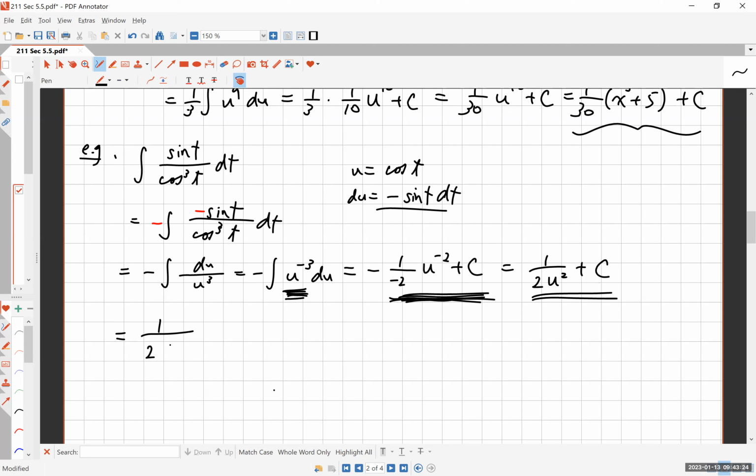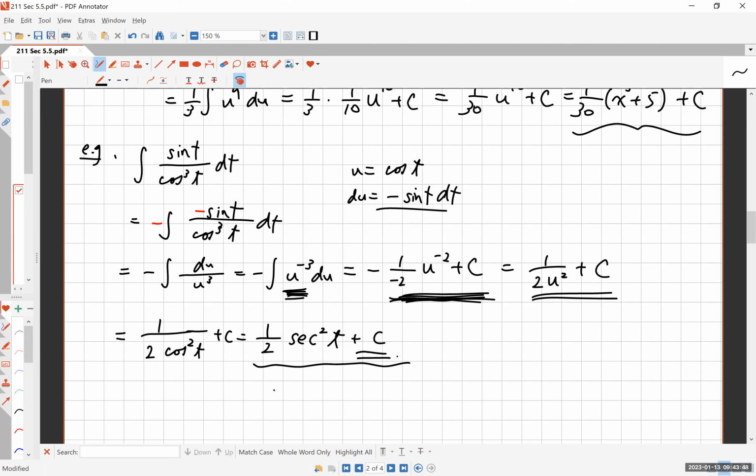So this is 1/2, and what was my u? That's cosine square t, right? So you can also rewrite this as 1/2 of what? Yeah, secant square t. Oh, whoa. Did I just forget plus c? That's minus 1 point on my exam if I forget plus c.